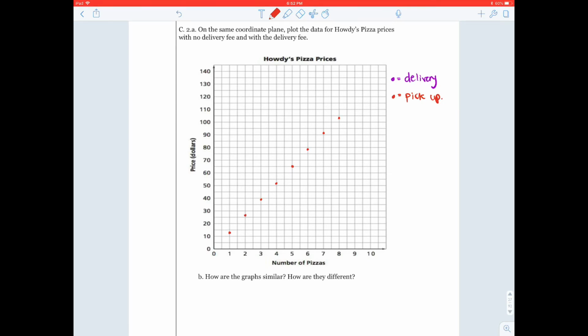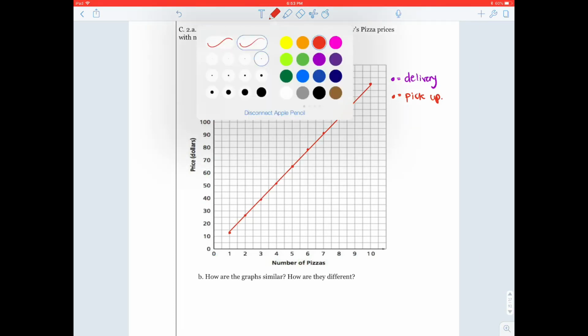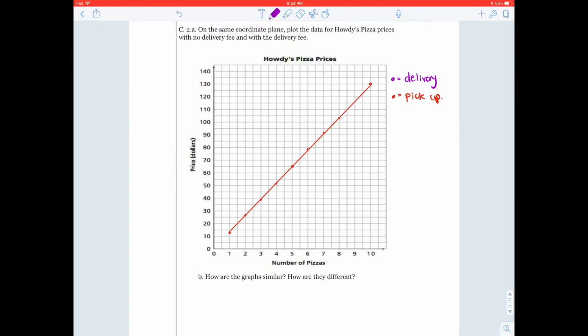It's about right there. And then 130, which is right there. Okay. Whew, sorry. Let's go ahead and connect our dots, please. And there we go. And let's go ahead and plot delivery as well.